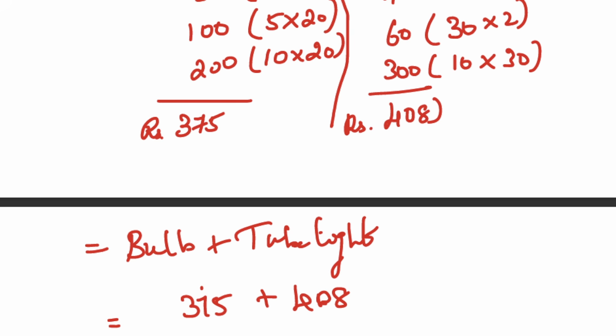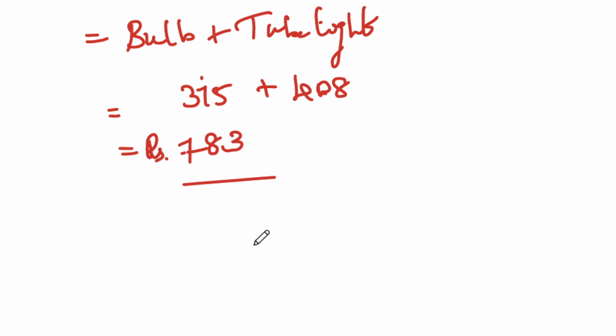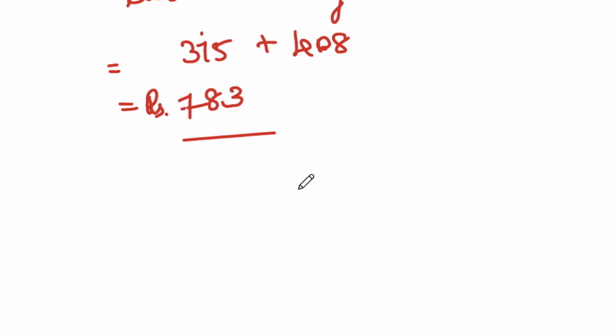So 783. So the answer is rupees 783. Okay, if you add 375 plus 408 it is 783. So the answer should be framed as, thus Anjali will be giving rupees 783 to the shopkeeper to buy 15 bulbs and 12 lights. The answer should be typed.